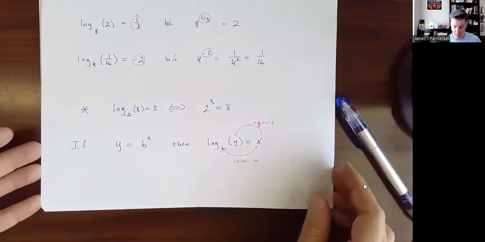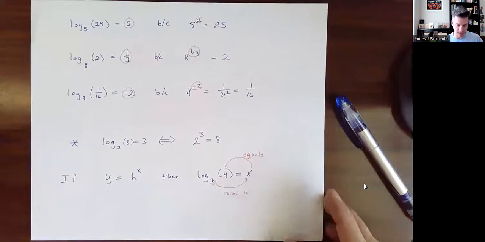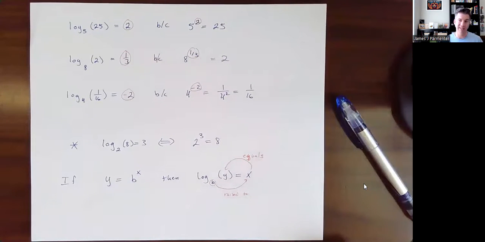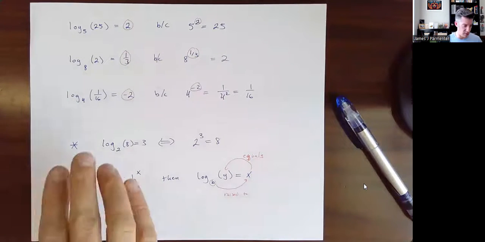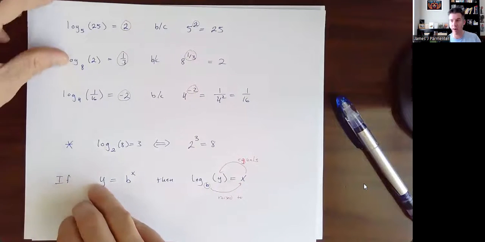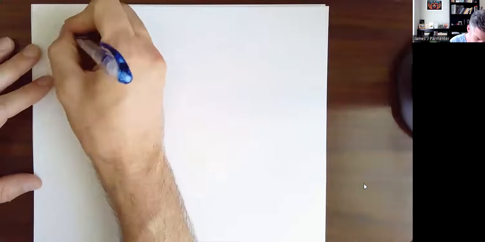I would kind of encourage you to think about the fact that this is exactly like how inverse trig functions look. When we talked about inverse trig functions, we were looking for a function that kind of undid what another function did, or inverted the relationship of another function. So I'm going to call back to that for just a minute here. Let's say the following.